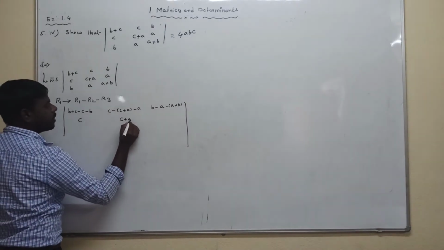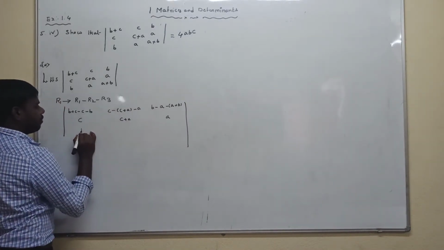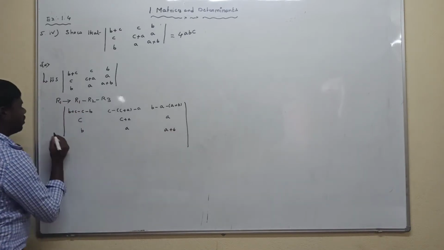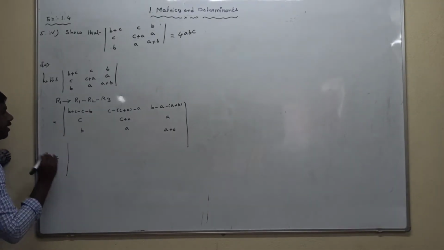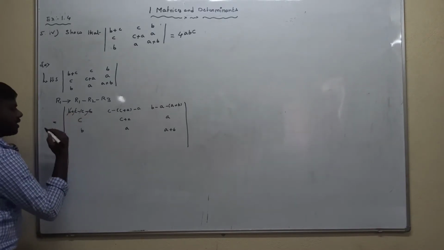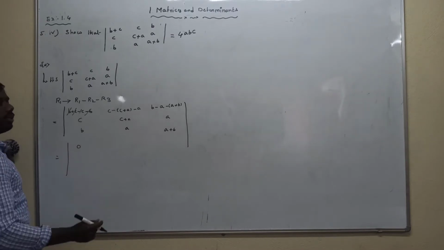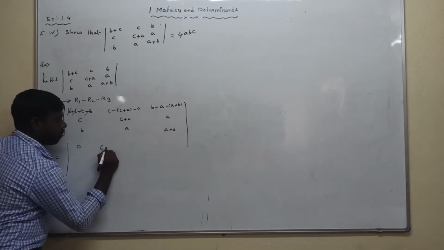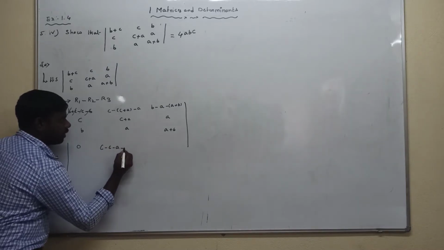Now simplify this determinant. Minus b plus c minus c get cancelled. That value is c. Now the product with the symbol is negative: c minus a minus a.